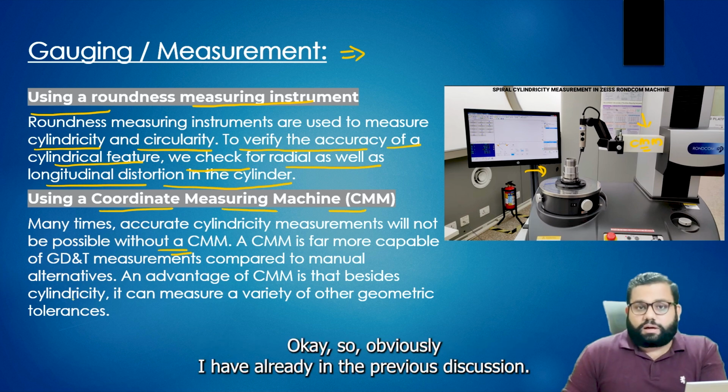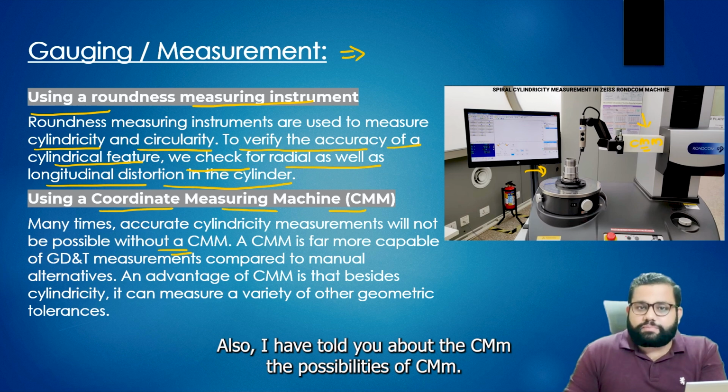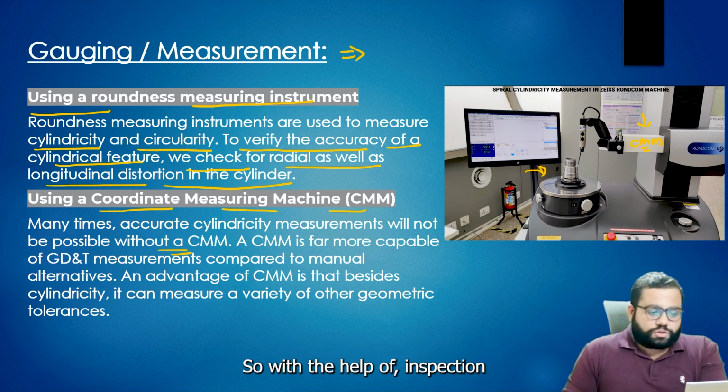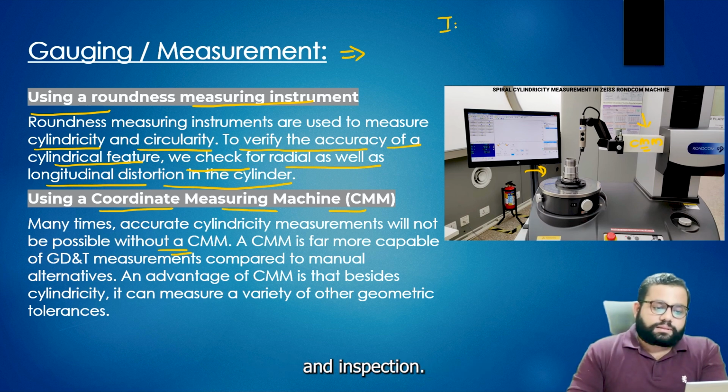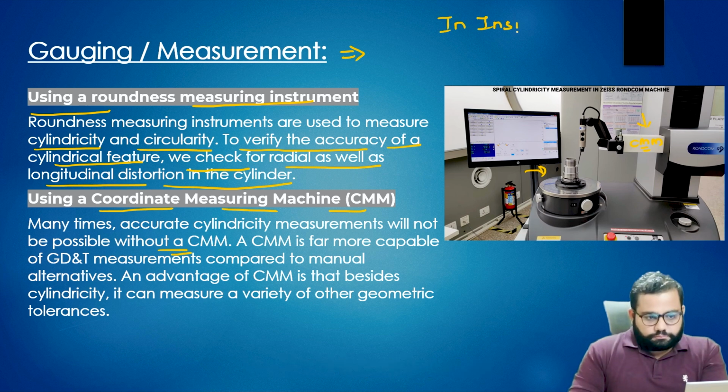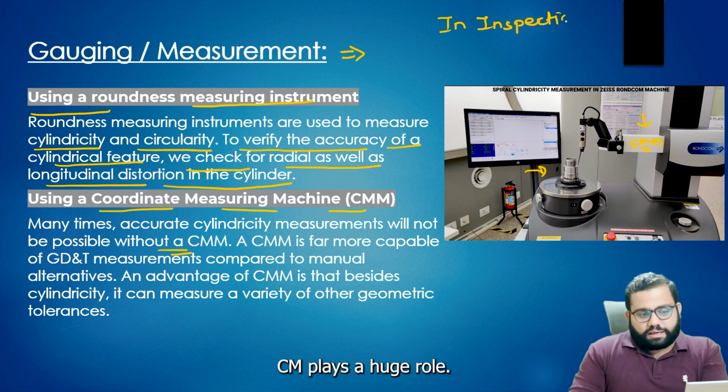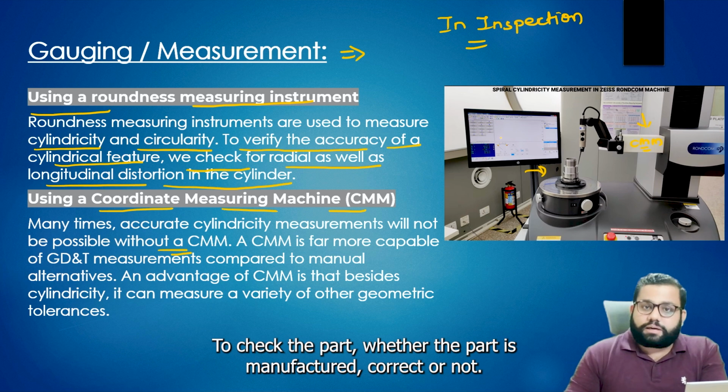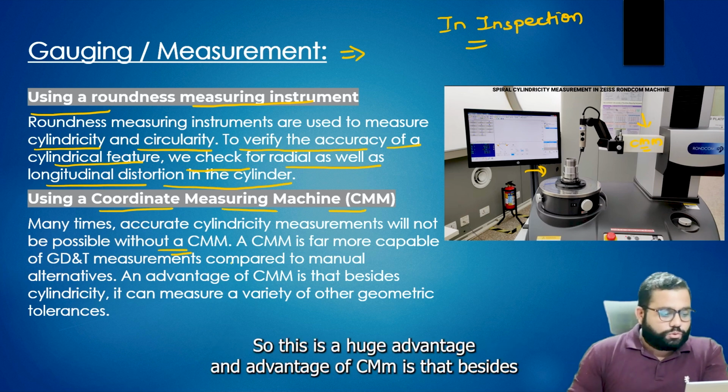I have already told you in the previous discussion about the possibilities of CMM. In inspection, the CMM plays a huge role in checking whether the part is manufactured correctly or not. This is a huge advantage.